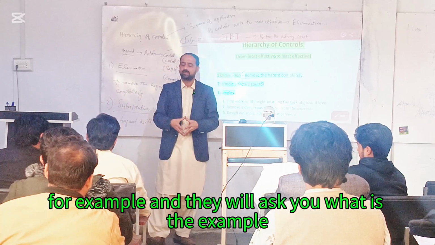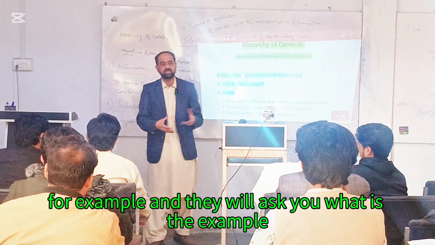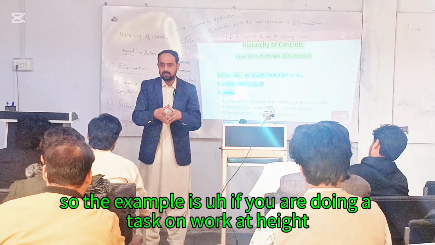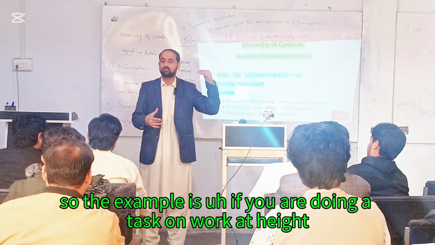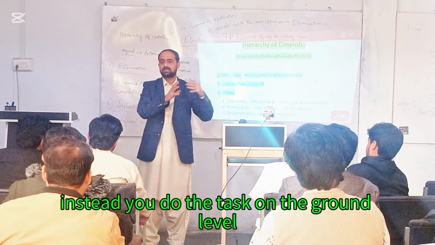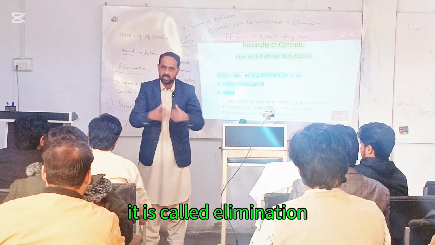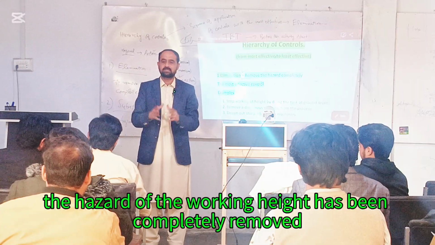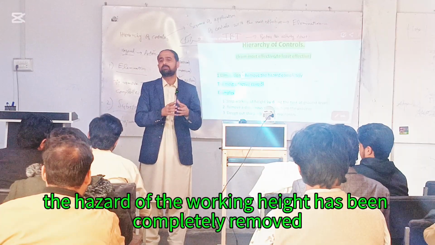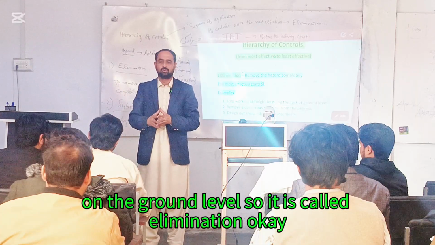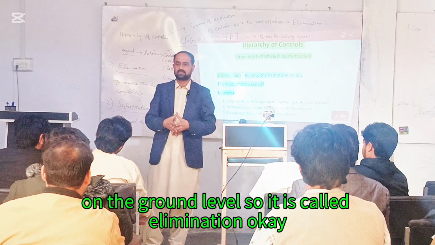For example, if the interviewer asks you for an example: if you are doing a task at height, instead you do the task on the ground level. The hazard of work at height has been completely removed. So it is called elimination.